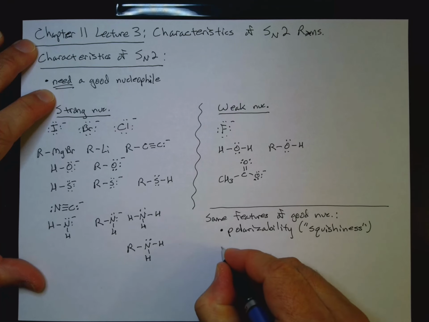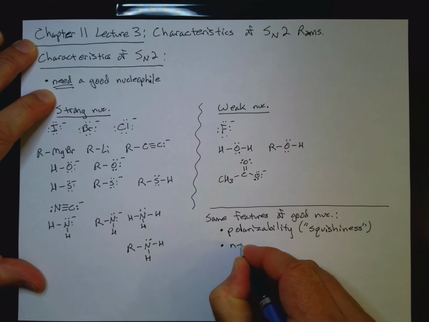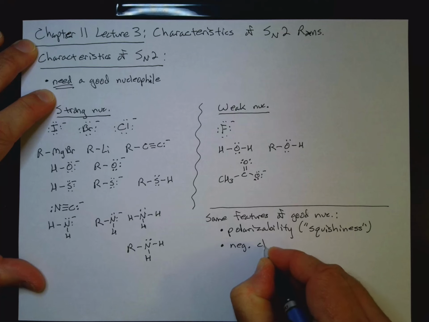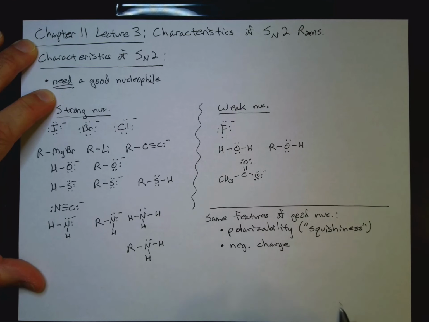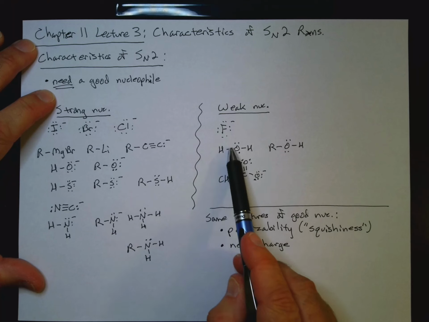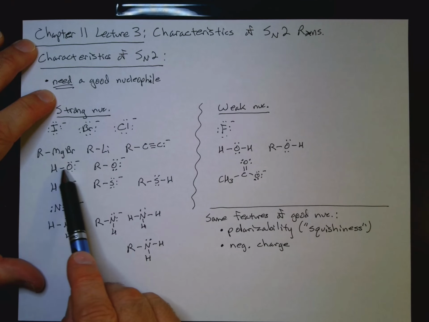We can also have a negative charge. All else being equal, the species with the negative charge would be a stronger nucleophile. An example would be water, a weak nucleophile, versus hydroxide, a strong nucleophile.